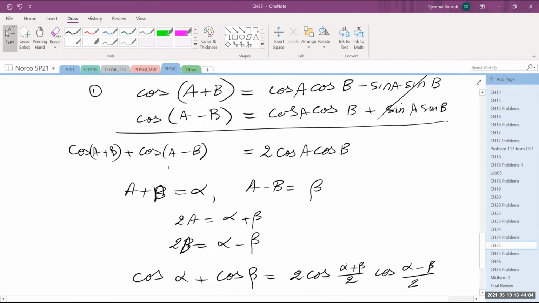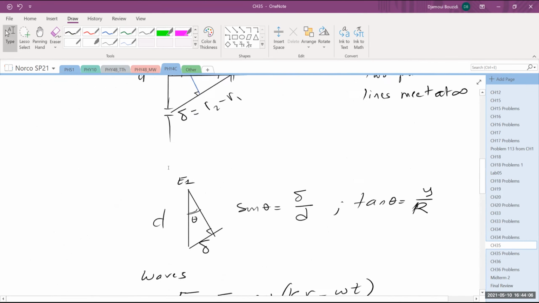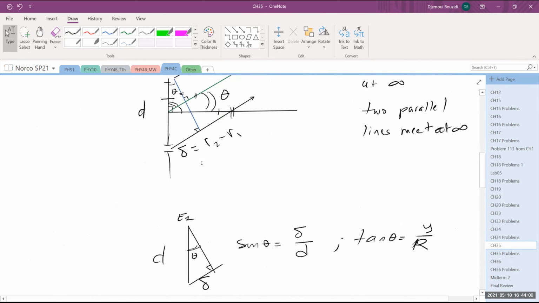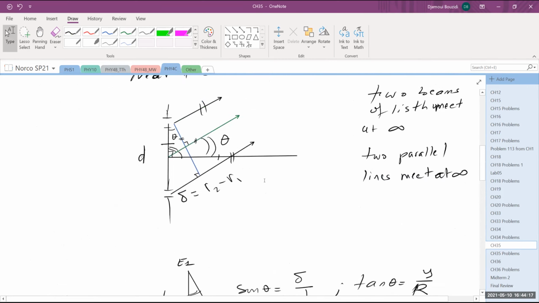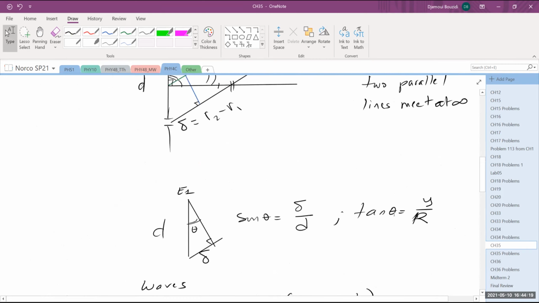And delta, if you guys remember, depends on where we are looking for this wave, because delta is equal to actually d times sine theta from this expression. Theta is related to where the point is.